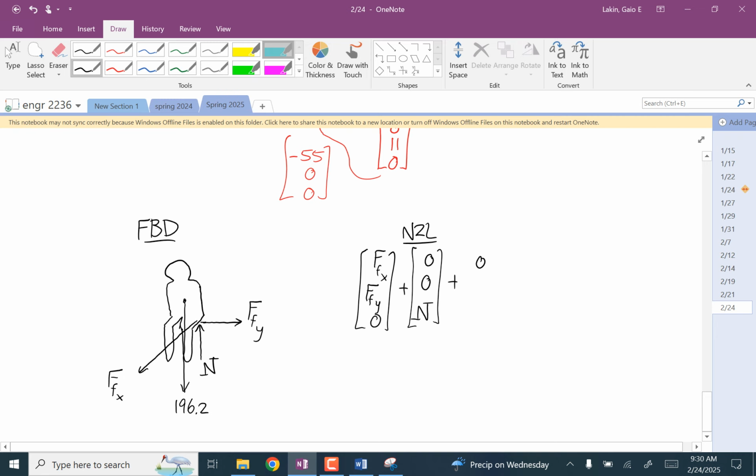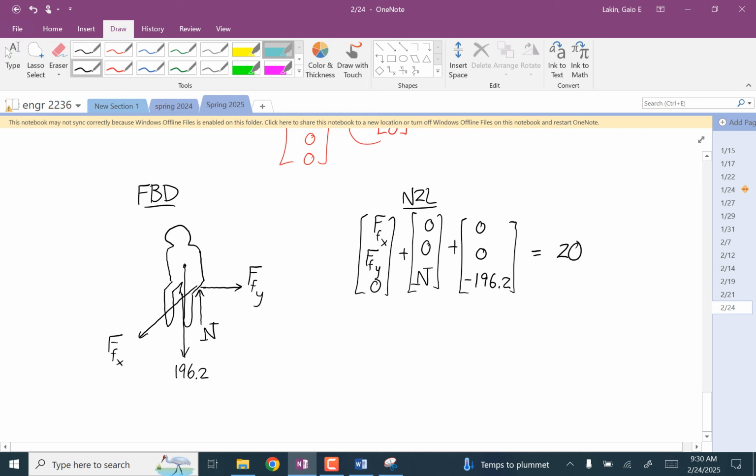Okay. And then the weight force 0, 0, negative 196.2. So that's all the forces. And then these are equal to the mass times the acceleration, negative 55, 0, 0. And now you can calculate all these things.